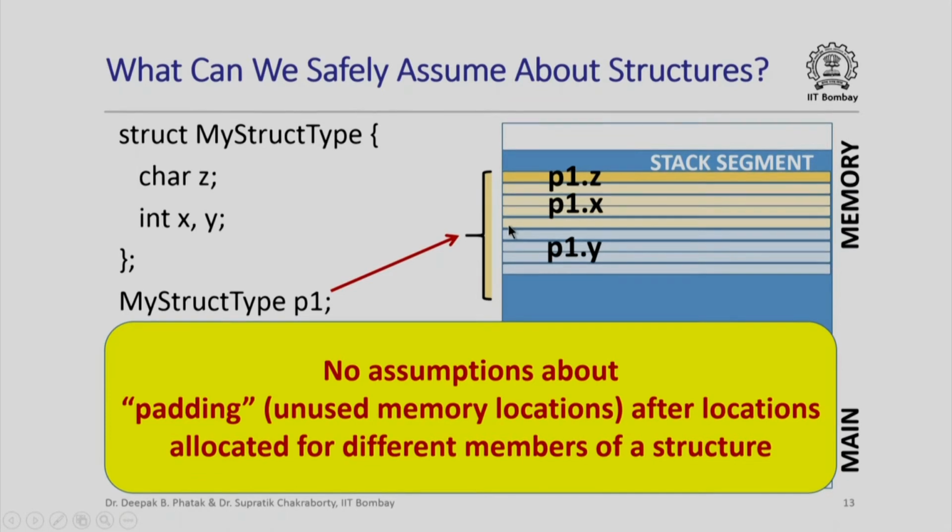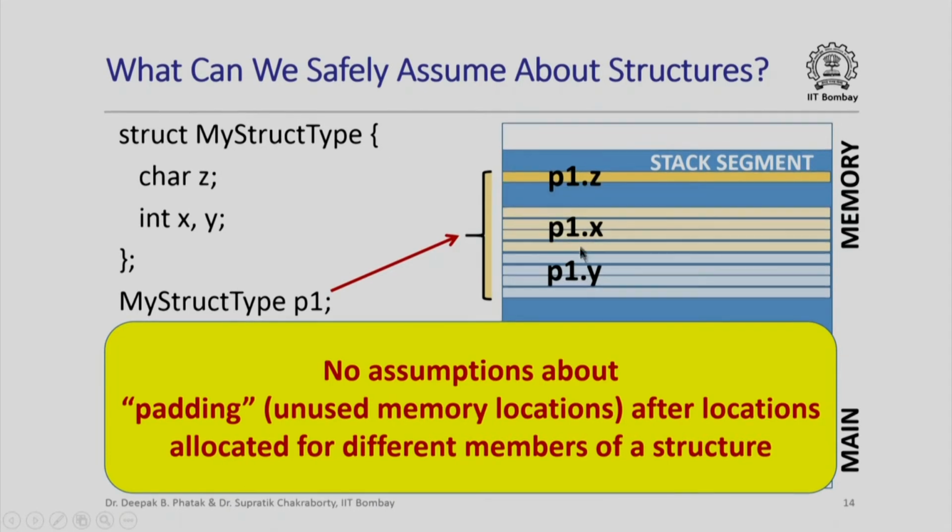Similarly, we will not assume that there is no gap or padding between the last location allocated for P1.x and the first location allocated for P1.y. For example, this should also be a perfectly alright memory layout for my struct type as far as our program is concerned. So, we must not make any assumptions about the absence or presence of gaps or paddings between the memory locations allocated for different members of a structure.